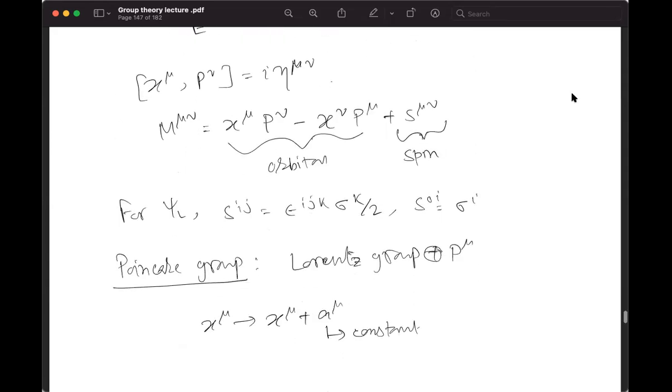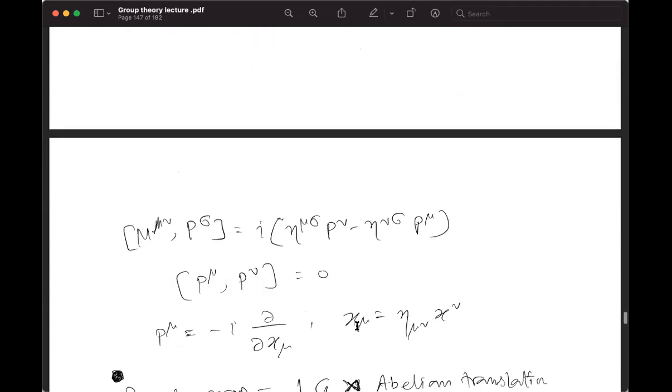And then for psi_L, we have S_ij as epsilon_ijk sigma_k by 2, and S_0i is basically i sigma_i by 2. Now the Poincare group is nothing but the Lorentz group plus the translation, which you can think of as the linear momentum, like x_mu going to x_mu plus a, where a is a constant.